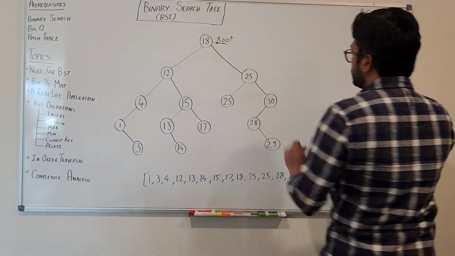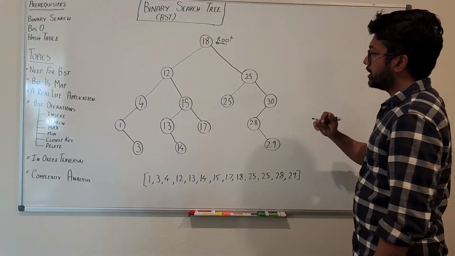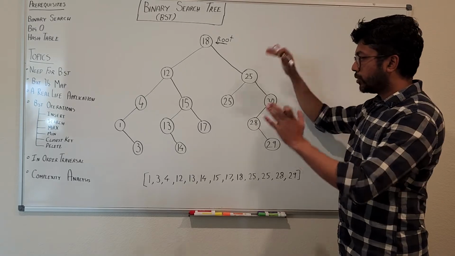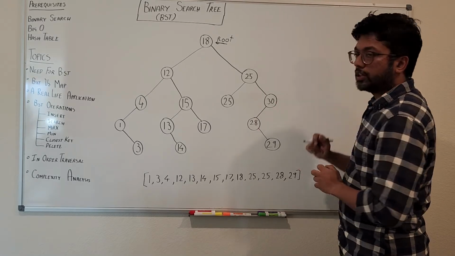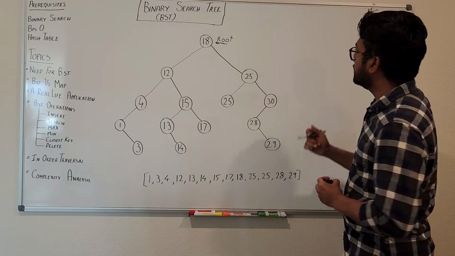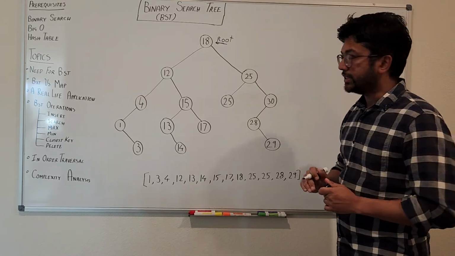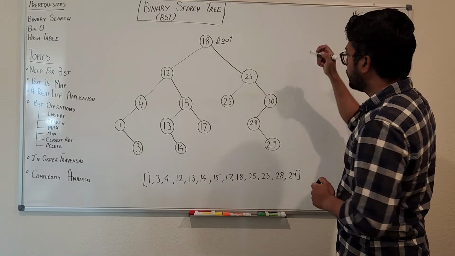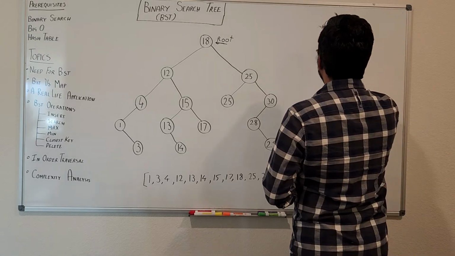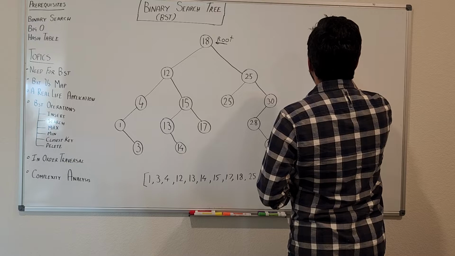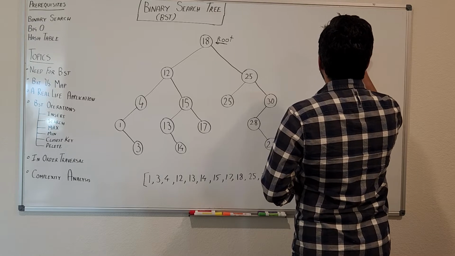So now assume your algorithm starts, and right now your tree is empty and you get a new number, say 18. So what you will do is you will first check whether the root exists. In this case the root is null, so we will add the first element as root, which is 18, and this will be our root.